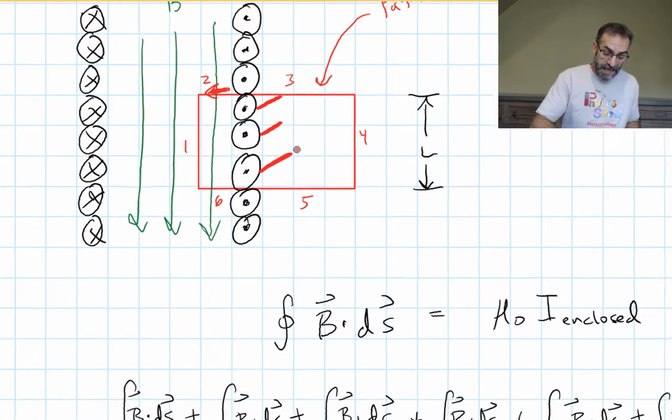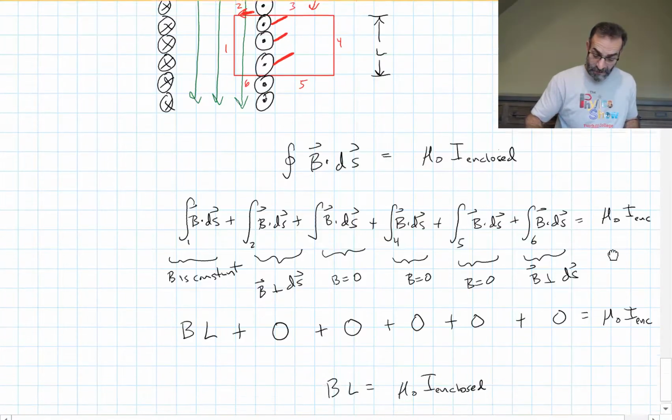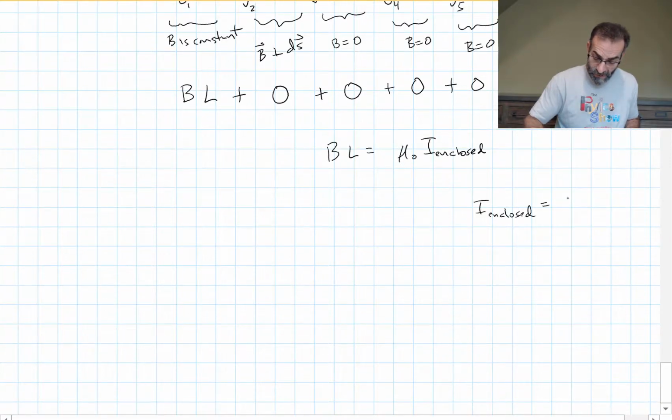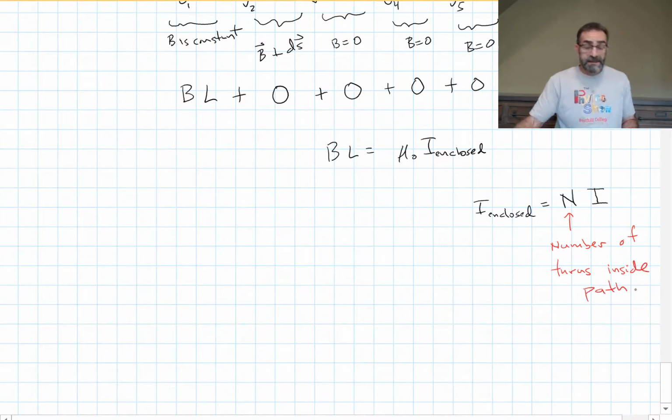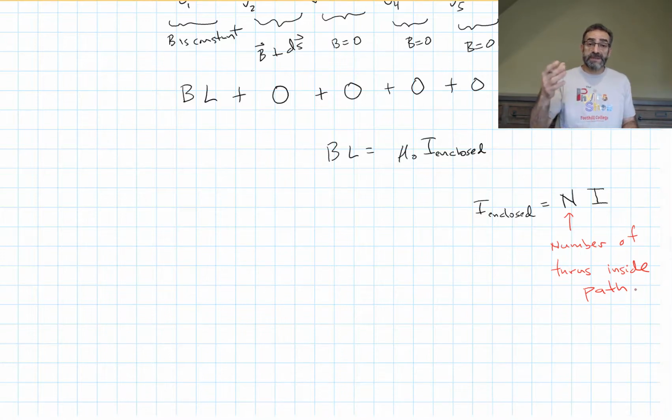I'm just going to call it capital N. The number of turns times the current. So the number of turns multiplied by the current in each one of those turns gives me the total current enclosed by my loop.